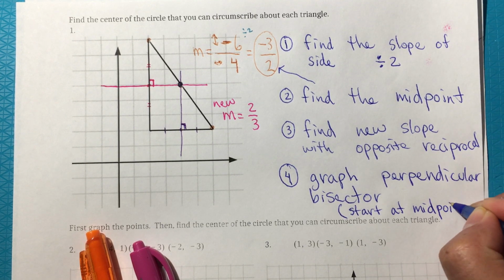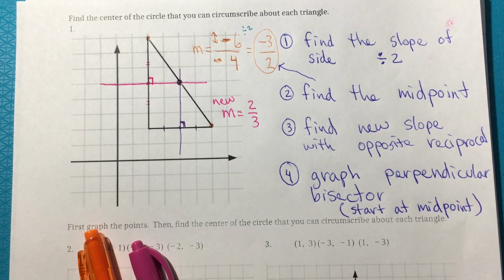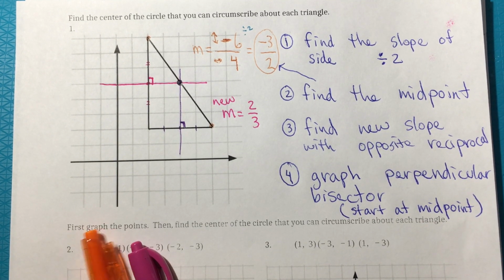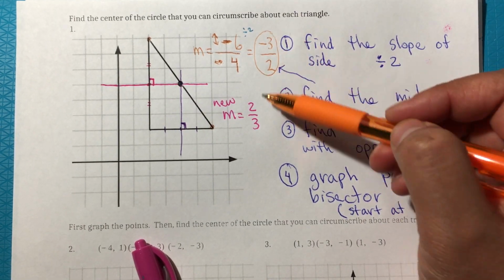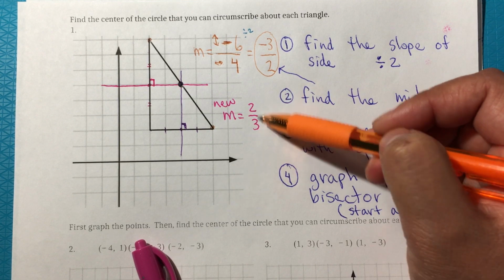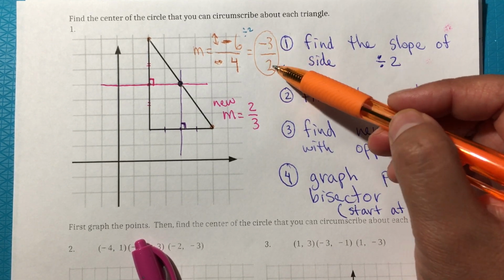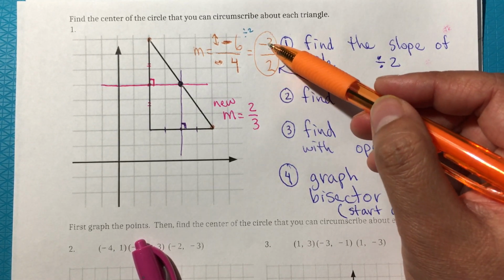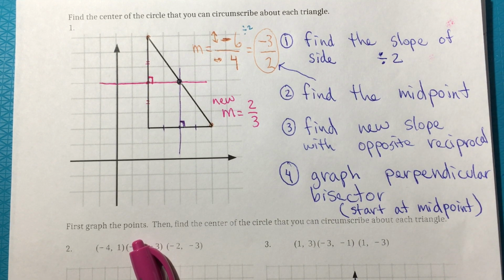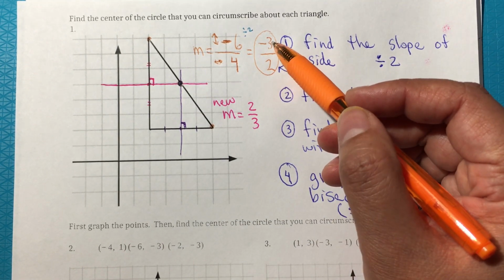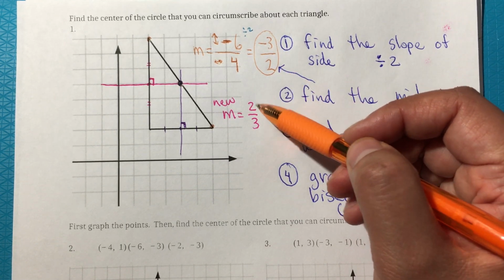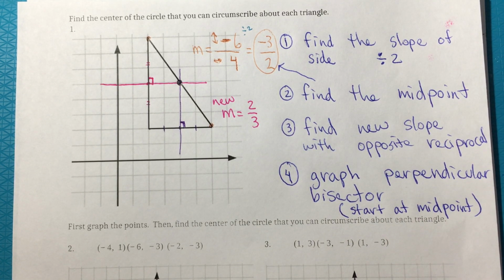Okay, midpoint. One other thing that I want you to see is that whenever we have the two slopes, there is 4 numbers, but there is only 1 negative. Okay, only 1 negative sign should be involved. In here, the 3 is the only one that has a negative. The other numbers should not have a negative.